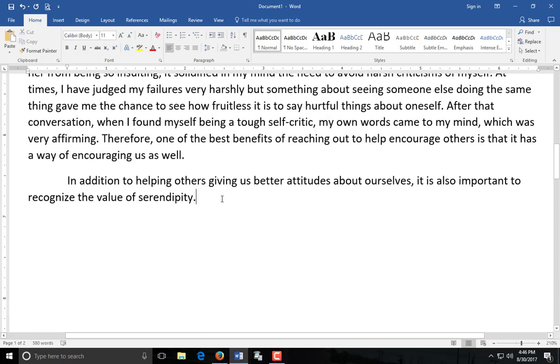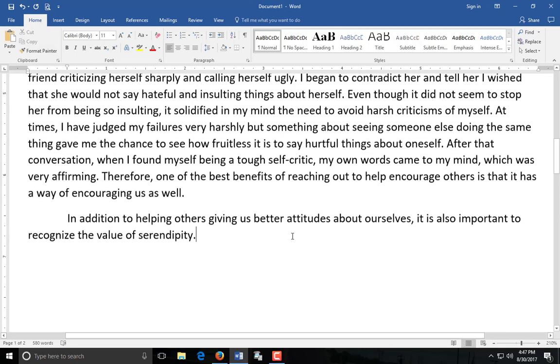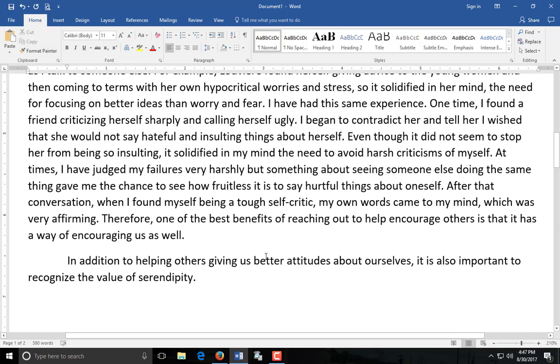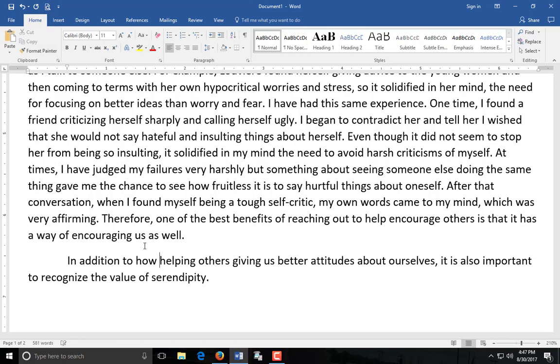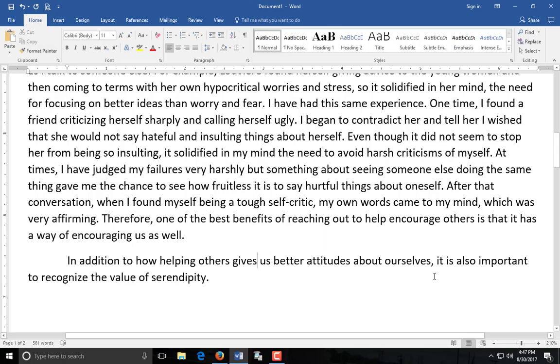But sometimes you need to make adjustments to your introduction to make sure that it still accounts for and can accommodate that idea. So in addition to helping others, giving us, it sounds a little bit awkward with the two INGs. So in addition to how helping others gives us better attitudes about ourselves, it's also important to recognize the value of serendipity.